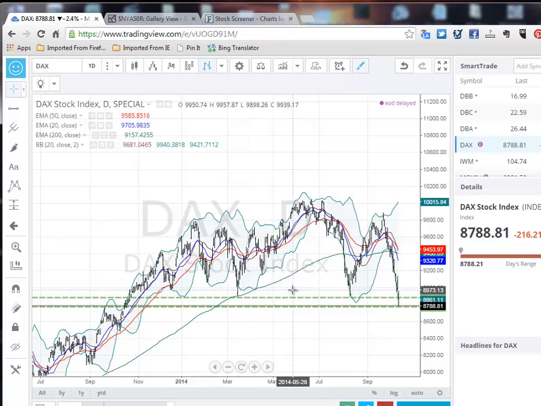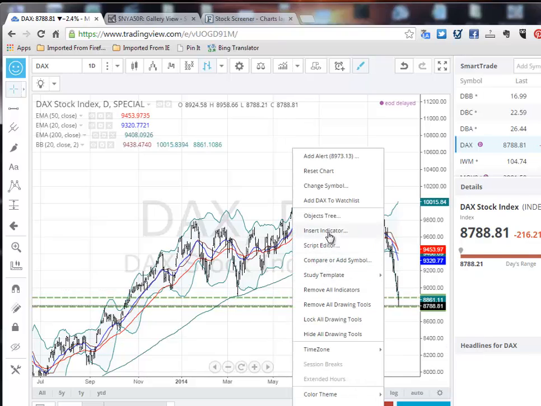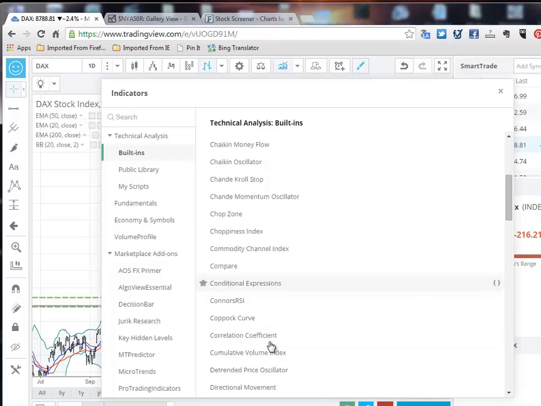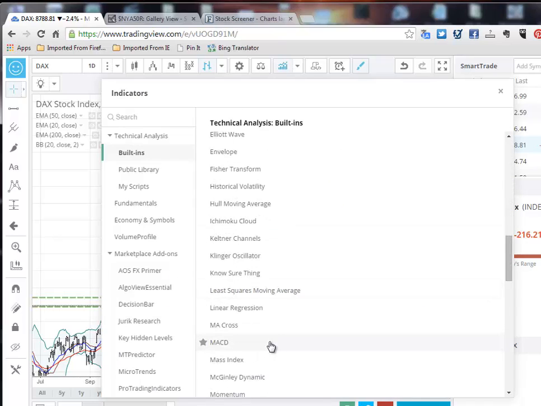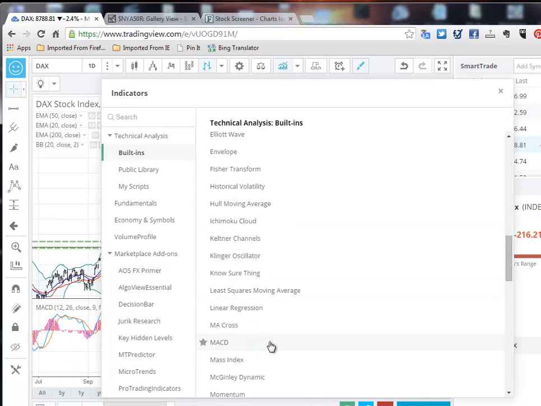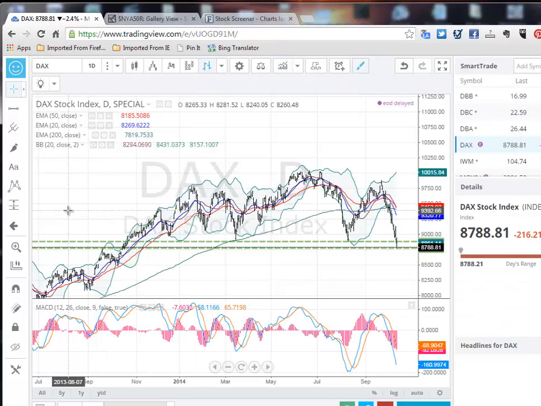So what I now do is put the technical indicator on for momentum. I'll use MACD for that, and just show what I would be looking at. So here we have our MACD situation.